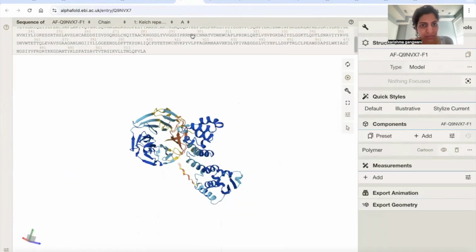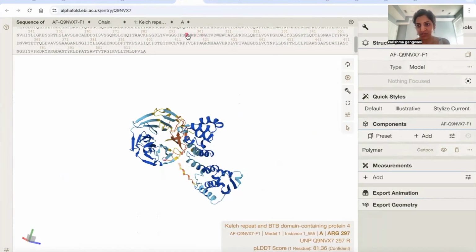This PRRMWKCNN, this particular amino acid sequence is conserved from species to species. And that's the one where substrate binding specificity takes place. The substrate would interact with these amino acids.